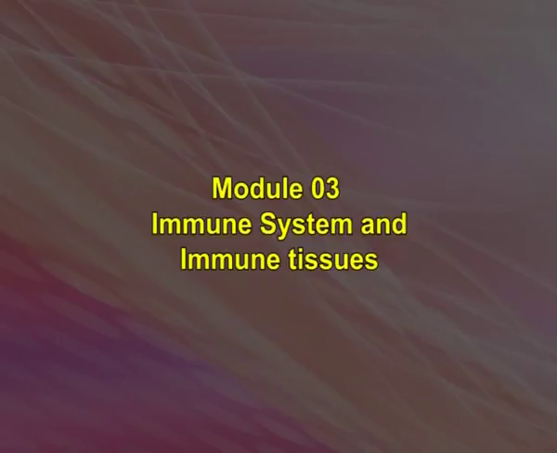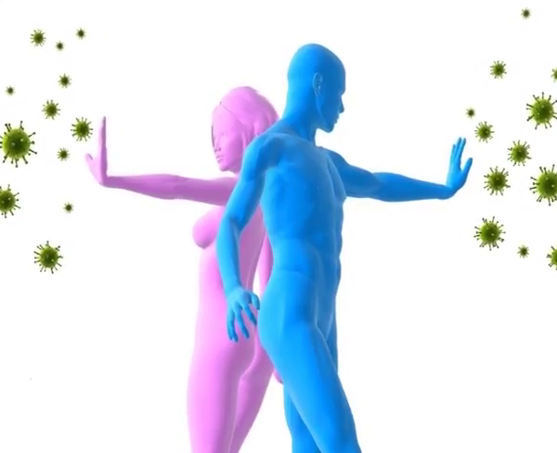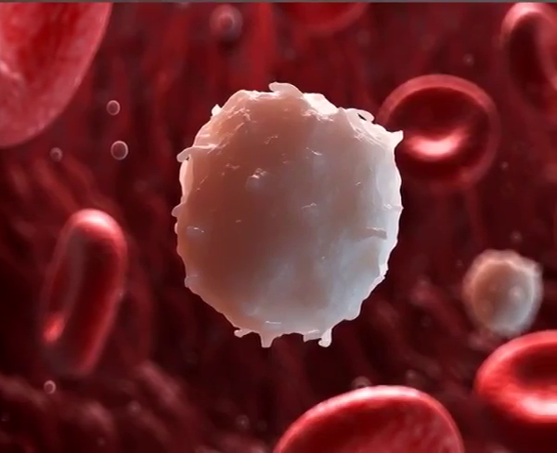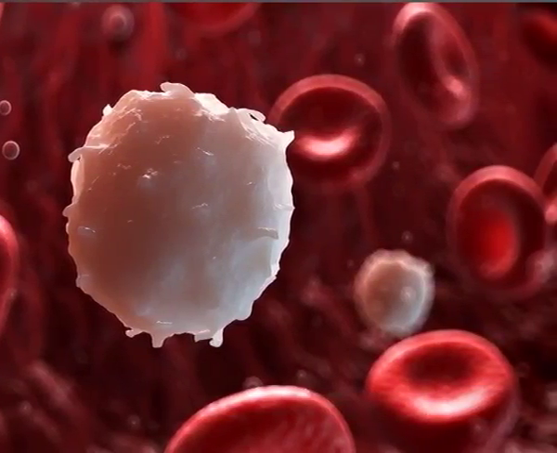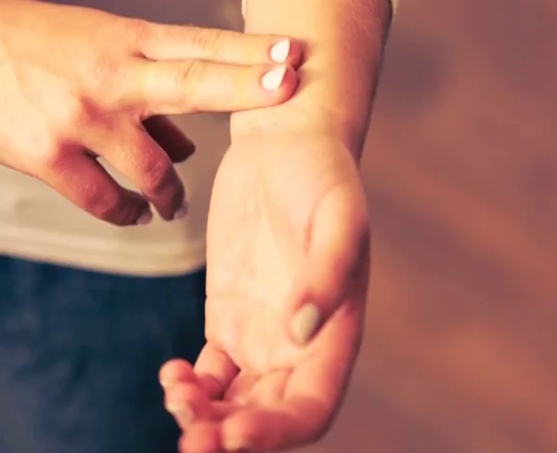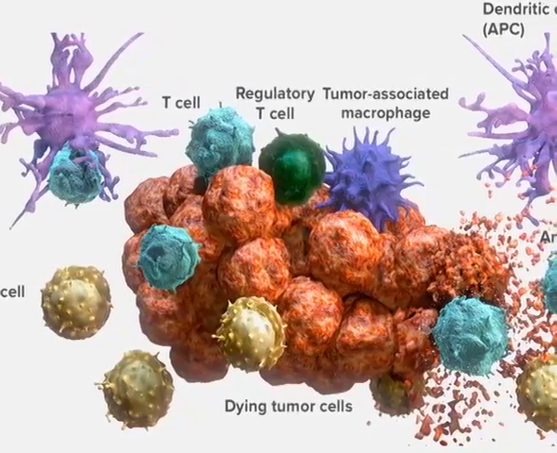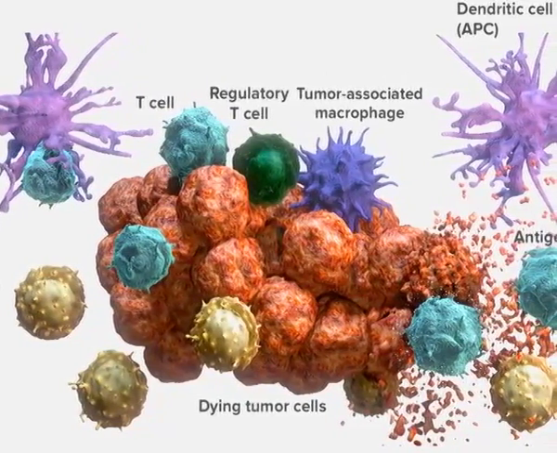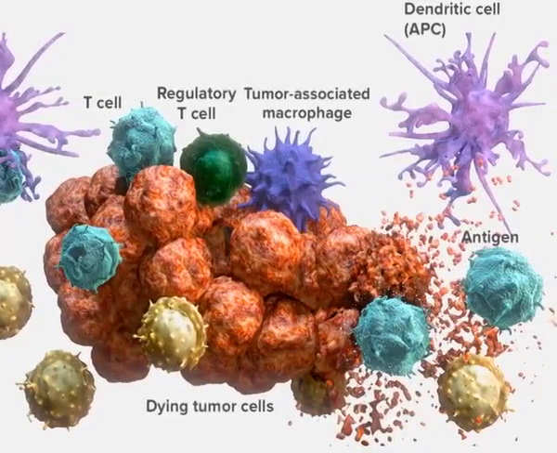Moving to our next module, that is module number 3, Immune System and Immune Tissues. Immune system. In its most complex forms, the immune system consists of two branches, the innate immune system that utilizes certain hardwired strategies to provide a rapid, general response when alerted by certain typical signals of infection, essentially forming a first line of defense, and the adaptive immune system that is able to develop highly specific responses and a persistent immune memory to target infection with extraordinary accuracy.